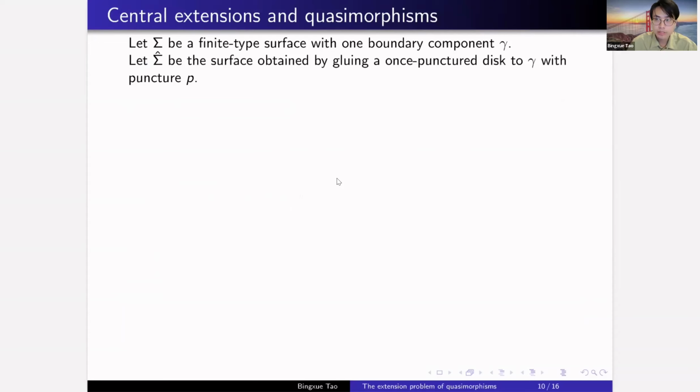Okay, so let me give you some examples of central extension. Let sigma be a finite type surface with a boundary component, just like this.